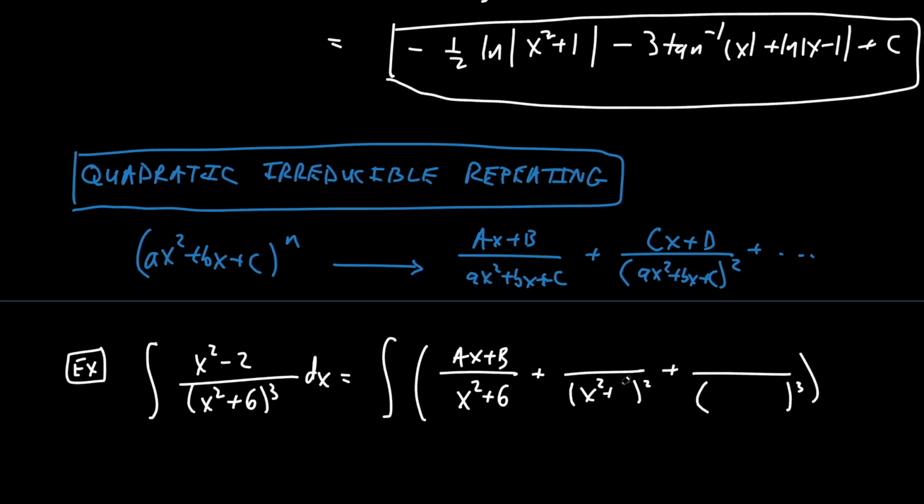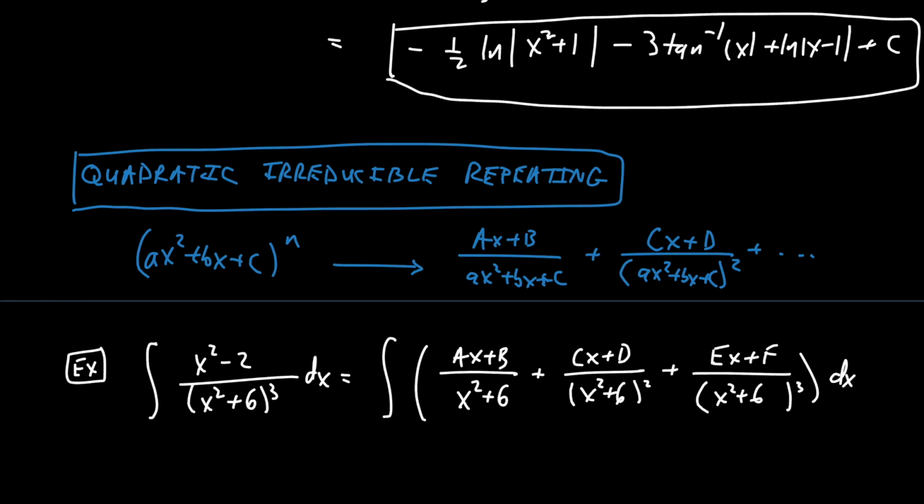And we'll go ahead and put our numerators on this as well. So you see, again, repeating up to 3. So 1, 2, 3. And our numerators, since these are all quadratic terms, they're all x squared plus 6, I would get a cx plus d and an ex plus f.